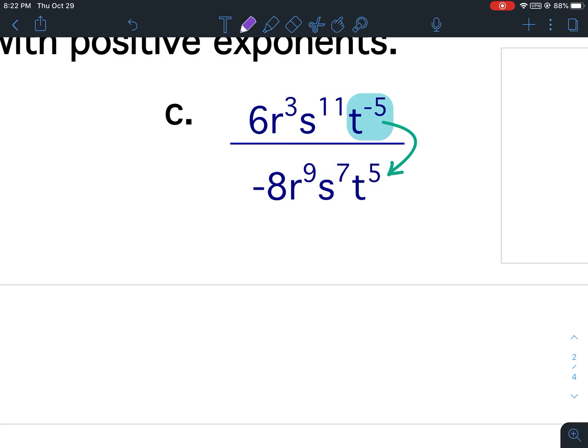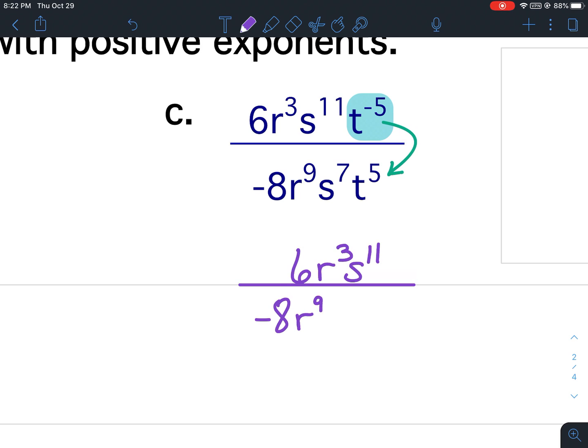So I'm still going to have, put my division bar, I'm still going to have 6 r to the 3rd, s to the 11th in the numerator. And in the denominator, I'm going to have negative 8 r to the 9th.